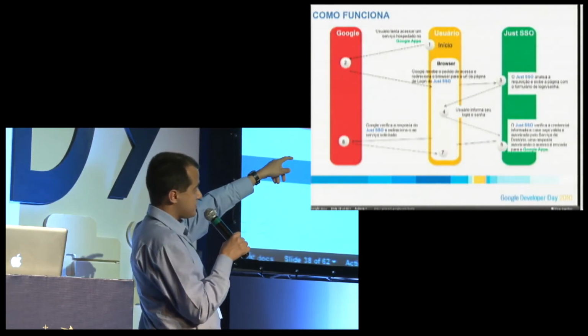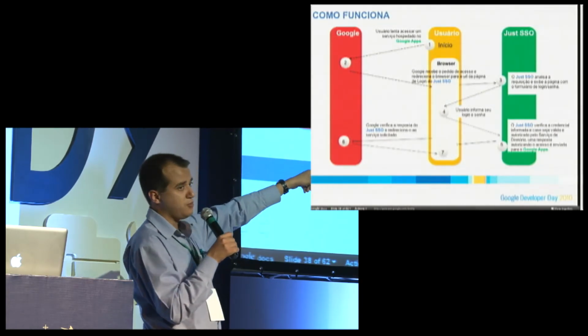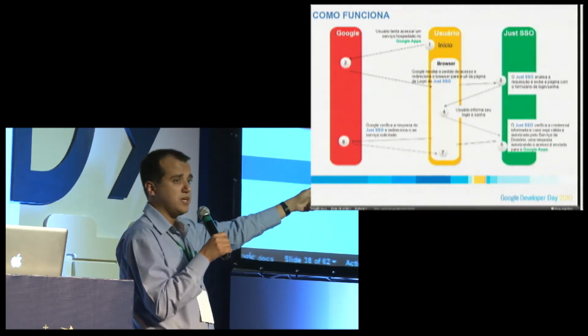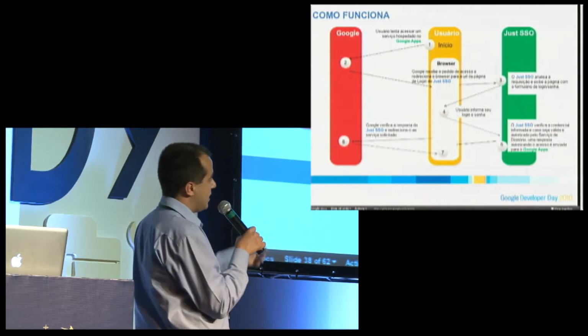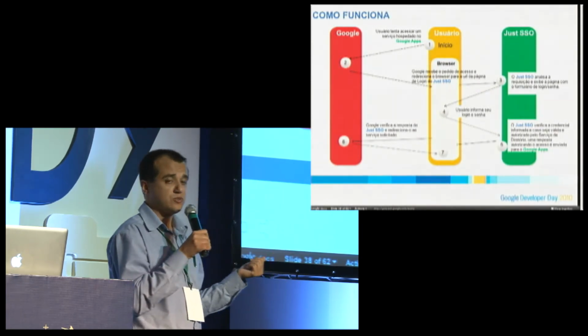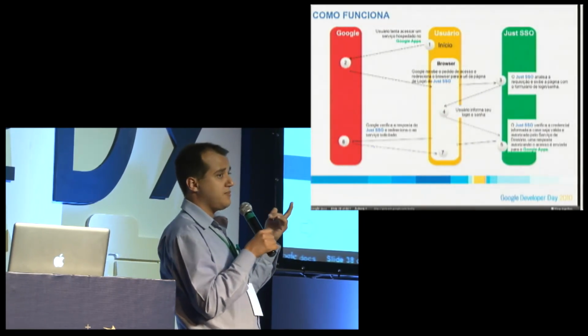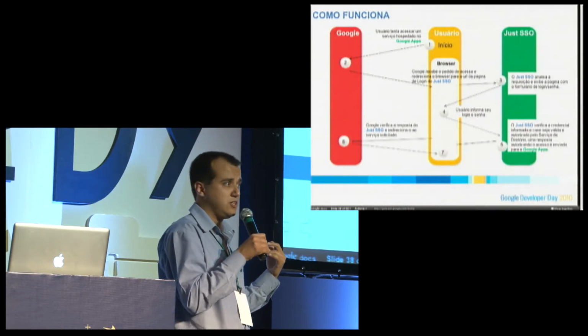O usuário vai informar o seu login, a sua senha, e volta essa informação para a solução de Single Sign-On. A nossa solução vai conversar com o Active Directory, ou com o OpenLDAP, ou com uma base de dados, ou um serviço, um web service, vai validar esse usuário, vai ver se o login e a senha estão corretos. Além disso, ele vai também verificar se as políticas de acesso que foram configuradas estão sendo atendidas.